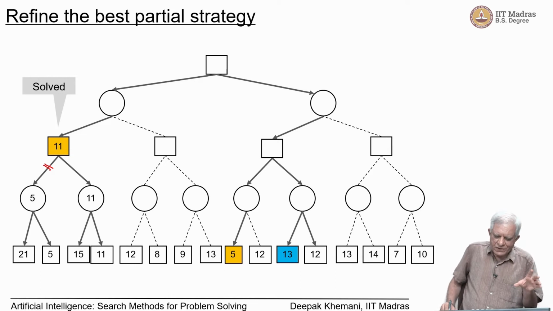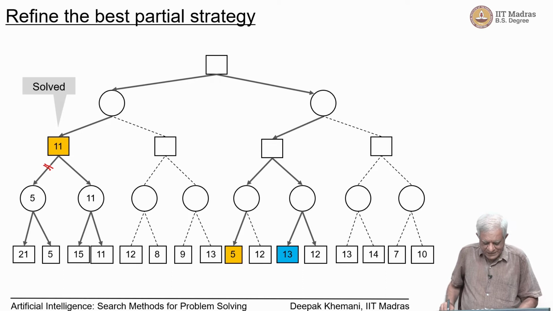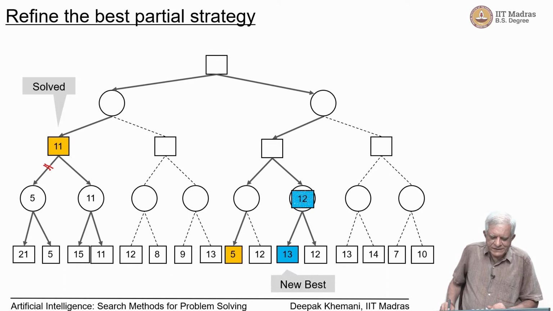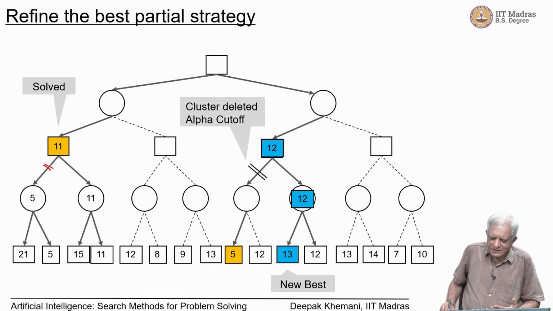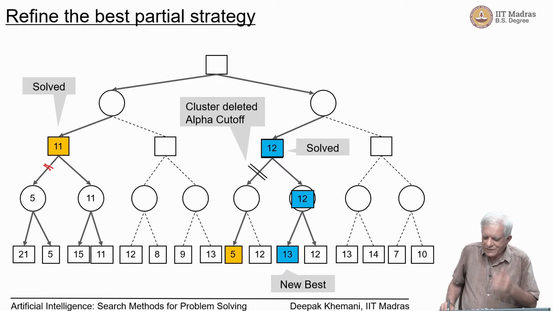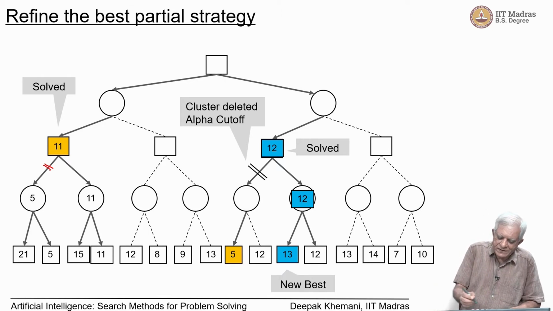11 is now a solved node, but it is not the best. The best node is 13, as you can see in blue essentially. So, that is a new best. So, we go and refine that new best, and like it happened in the previous case, once we find its value, which is 12, its sibling strategy which had a value of 5 gets cut off.